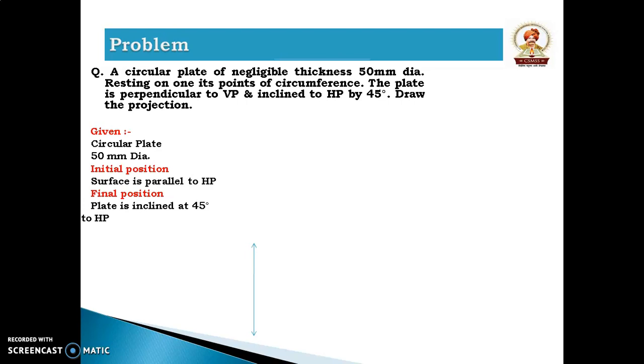For final position, the plate is inclined at 45 degree to HP. Now draw the XY line. Above XY line there is vertical plane, and below XY line there is horizontal plane.